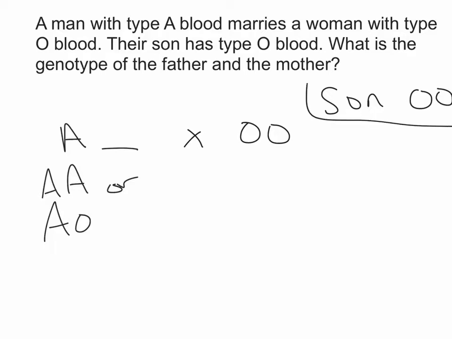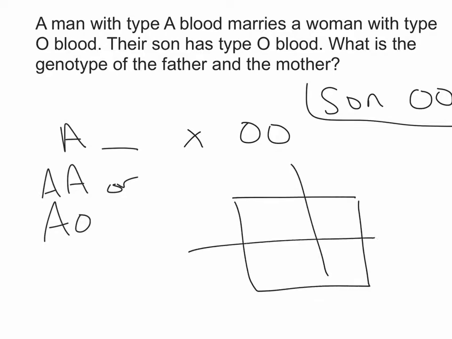Now, the easiest way to figure this problem out is to go ahead and plug what we know into a Punnett square. So we know that the female is OO, and we know that dad has at least one A allele. We don't know his second allele yet.